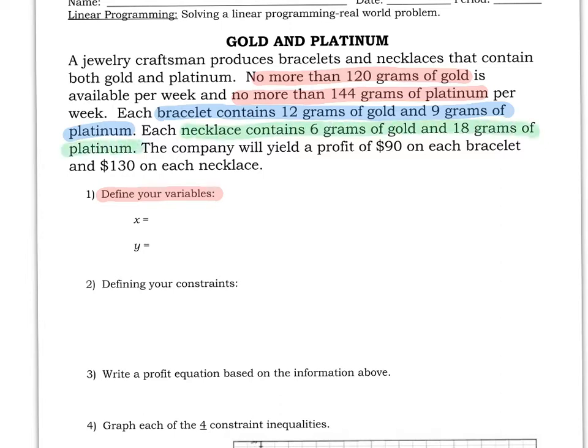That's going to help us determine how those constraints behave. Then the company will yield a profit of $90 on each bracelet and $130 on each necklace. That's not a constraint on the situation. That's going to be our objective, which determines our objective function.